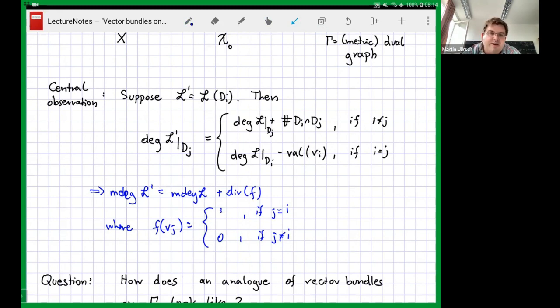And at all other points, it's either just constant equal to 0, or you have a few edges that connect to v_i, and those all have outgoing slope 1. So you end up getting 1 for each of the nodes that intersect D_i, and that's exactly what's encoded here.